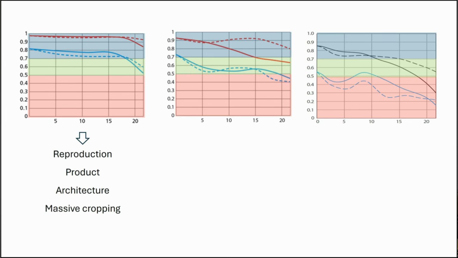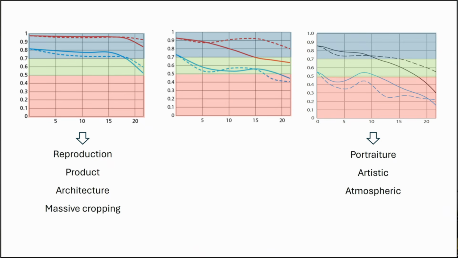And of course, these lenses are suitable for applications where some aggressive cropping is required, because even at a tight crop, they would still retain their edge definition, their sharp appearance.